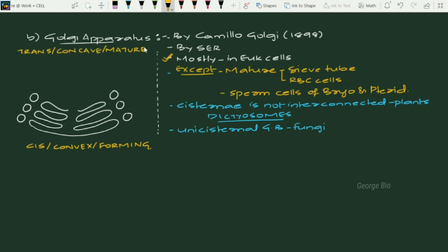Whatever materials are received from the cis phase get transported, packed and released through the trans phase. So here is the cisternae, vesicle, and here is a Golgian vacuole.